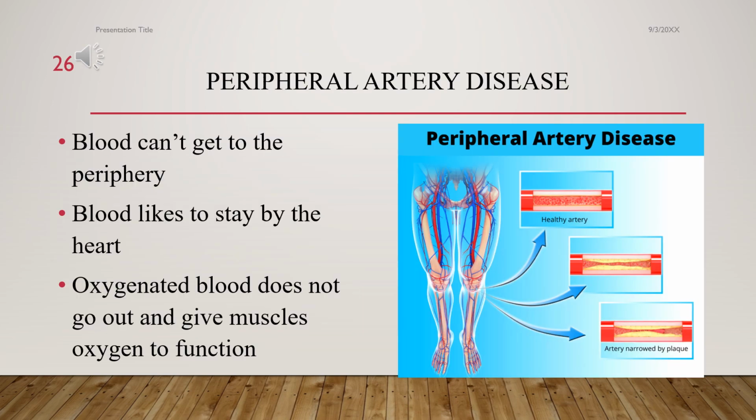So peripheral artery disease. The blood can't get to the periphery. Remember with PVD, the blood can go down fine, but it can't get back up. With peripheral artery disease, the blood is having a hard time getting down to the extremities. It likes to stay up by the heart. So oxygenated blood does not go out and give muscles oxygen to function.